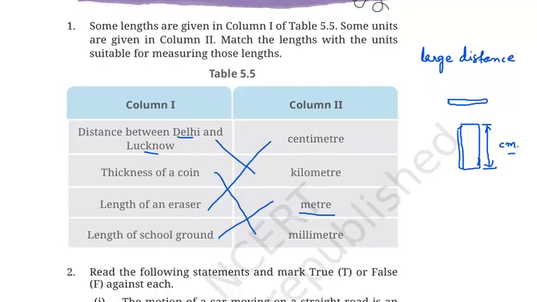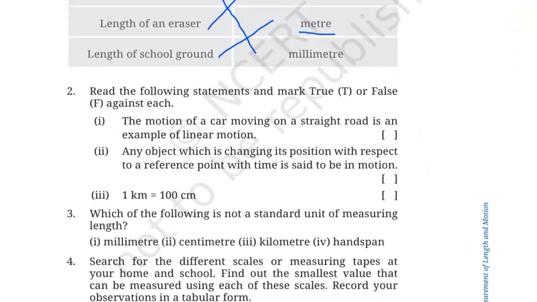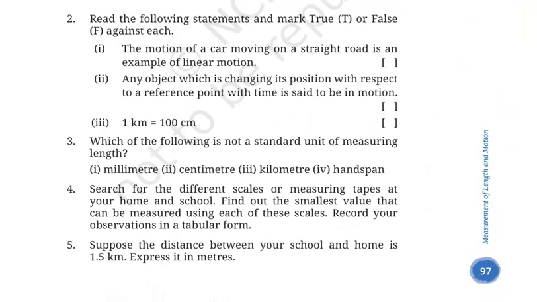All right? Now, let us come to the second question. The second question says, read the following statements and mark true or false. The first one is, the motion of a car moving on a straight road is an example of linear motion. Now students, in my lecture, I have discussed with you 3 types of motion.